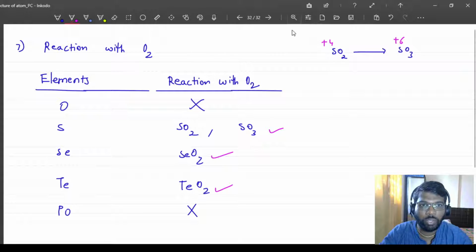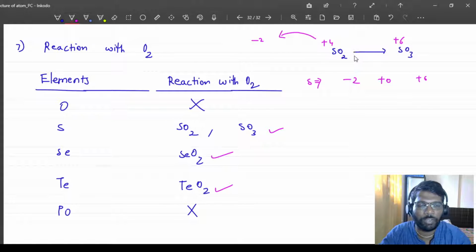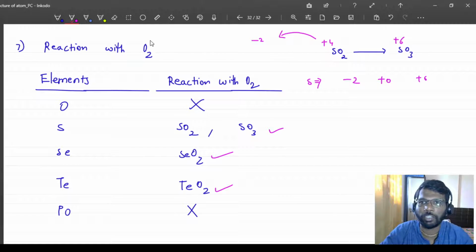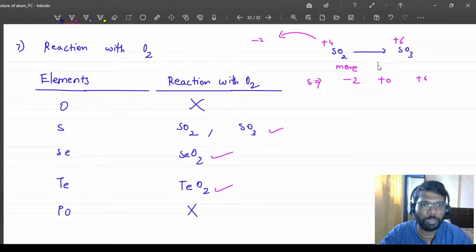Sulfur can also go to the oxidation state of -2. It can form compounds where the oxidation state of sulfur could be -2. So the oxidation state of sulfur can vary from -2 to +6. But the reaction which I have shown, the conversion of sulfur dioxide to sulfur trioxide, is more feasible.